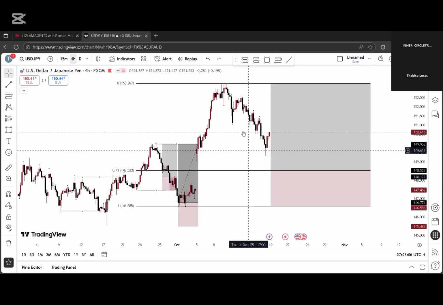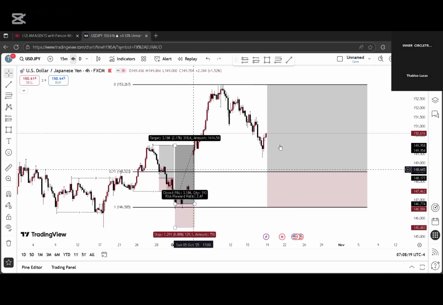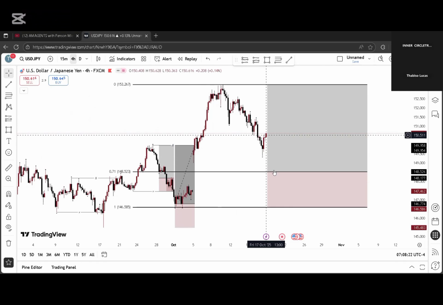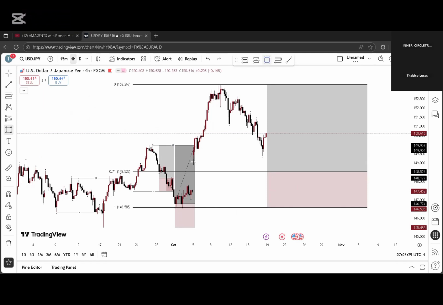This is USD JPY, and this is what I'm looking for. But here, I'm quite skeptical because of this gap here. The market might come down, tap me in, but want to come further down to fill this gap right here, right?